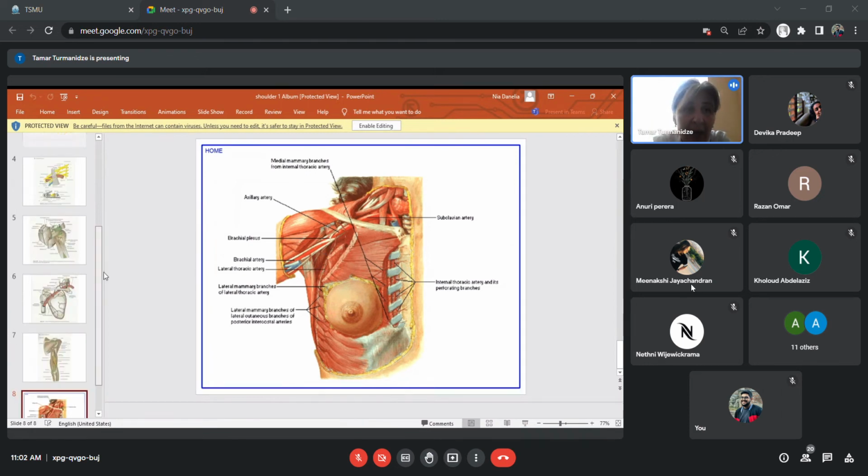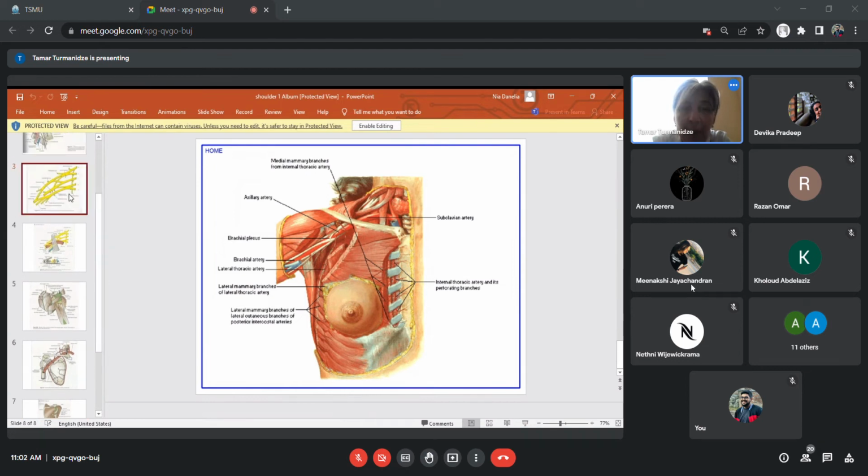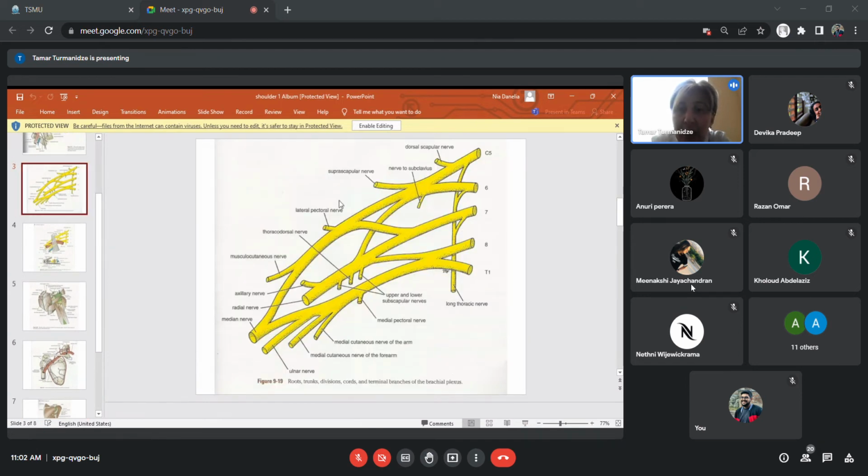Let's see in another picture. Now these cords. Here is shown the brachial plexus. Let's remember, we have told that it is formed by C5 to T1 nerves, and these are the trunks of the plexus. And in the pectoral triangle, it forms the three cords. These are the medial cord of the brachial plexus, lateral cord of the brachial plexus, and posterior cord of the brachial plexus.